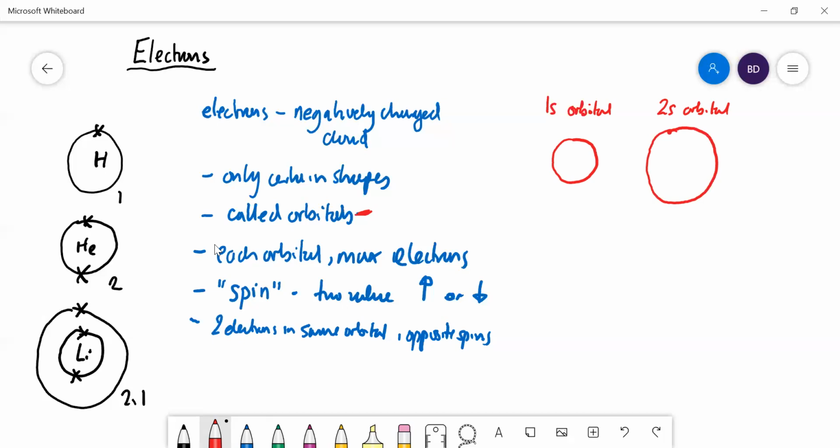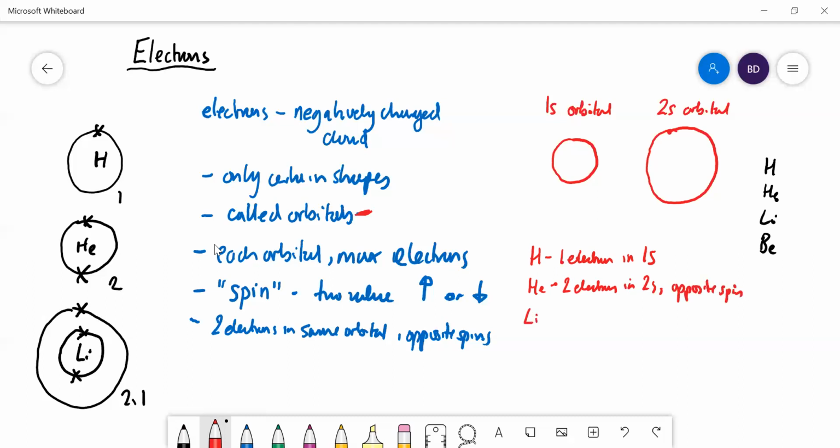So all we're going to think about in this video is the first 4 elements of the periodic table: hydrogen, helium, lithium, and beryllium. Let's think about hydrogen. Hydrogen is going to have 1 electron in the 1s orbital. Helium is going to have 2 electrons in the 1s, but they're going to have opposite spins.